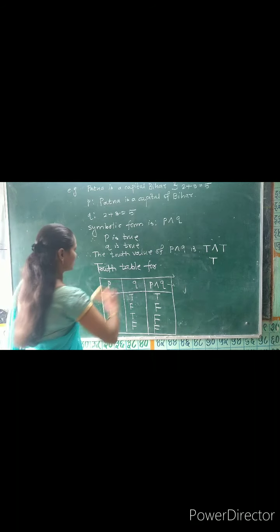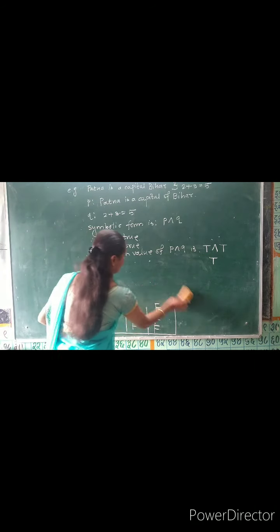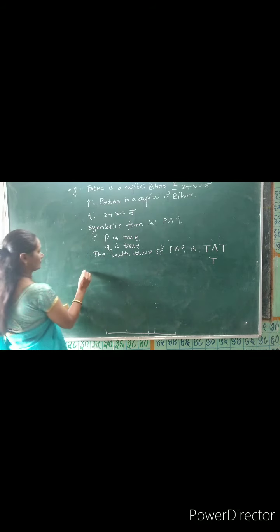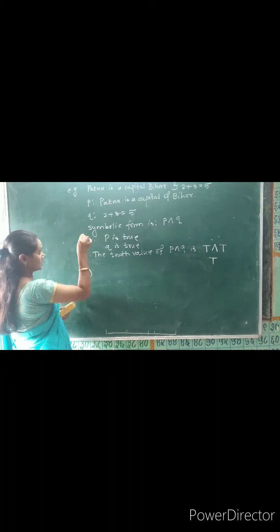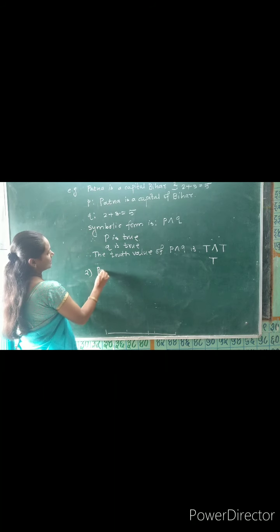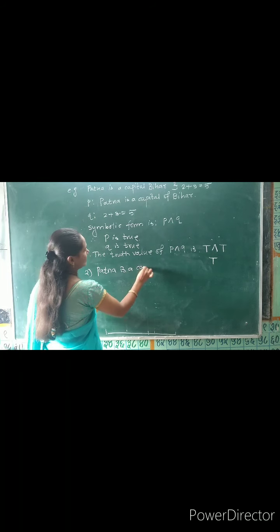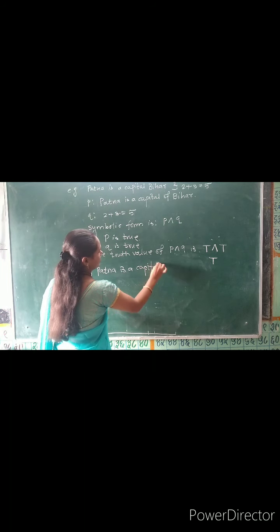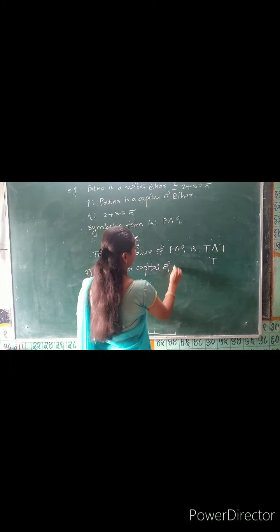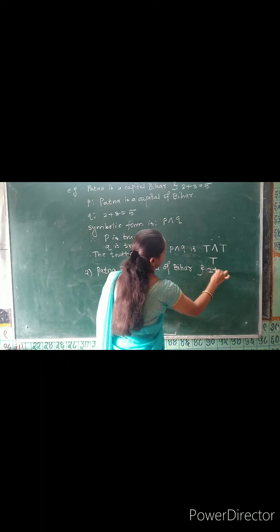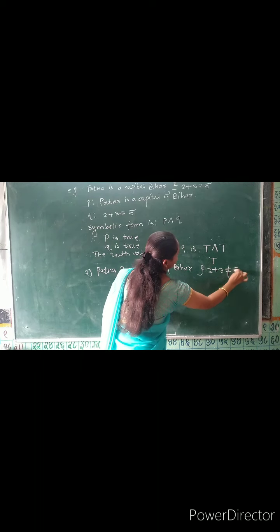Therefore the truth value of this statement is true. Next example. We will take the same example here. Patna is a capital of Bihar, and 2 plus 3 not equal to 5.